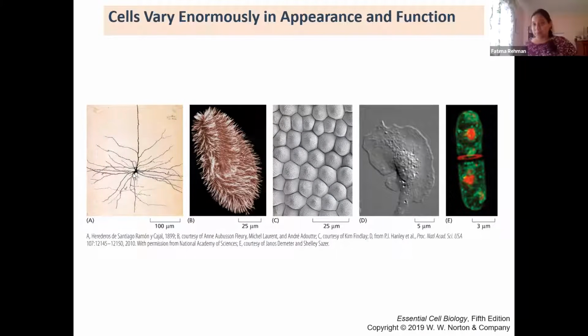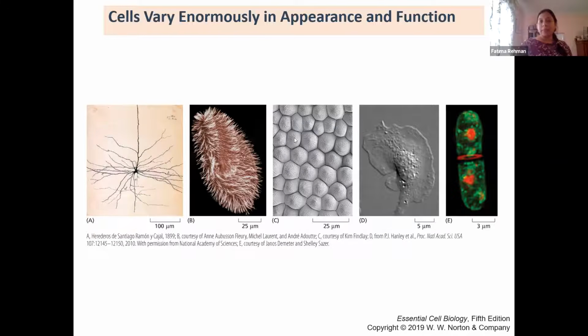It almost looks like an upside down tree in this particular image, but they have a very small cell body, and then this long axon to help it communicate with other cells far away from itself. And it has tiny dendrites all around it, these little projections that look like root hairs or tree branches that help it interact with other cells around it in its immediate environment.